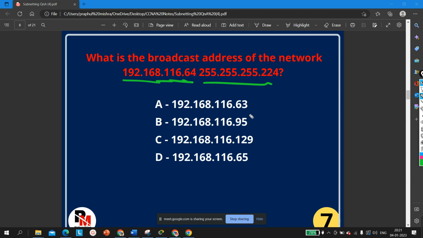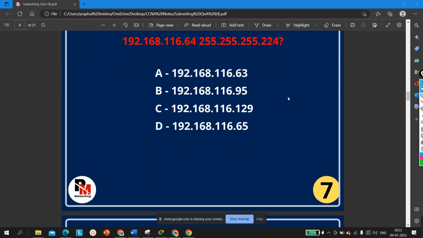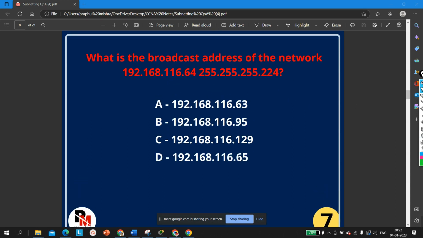63, so it should be A. Hassan, what should be the answer according to you, dear? 64. Yes, tell me. And Kuldeep, tell me the right answer also. Kunal, are you able to solve this question?